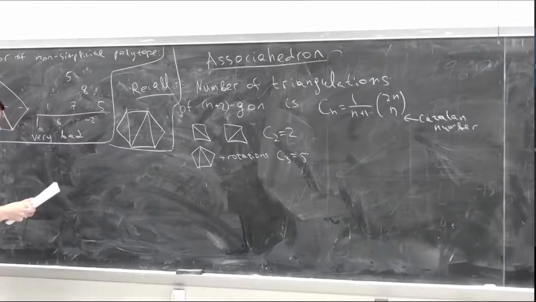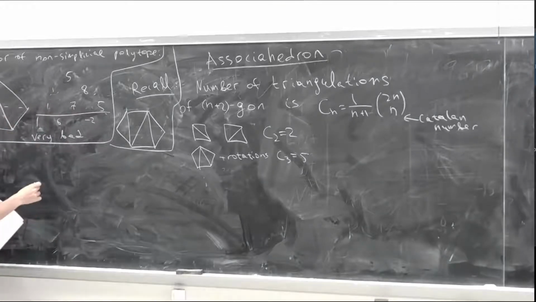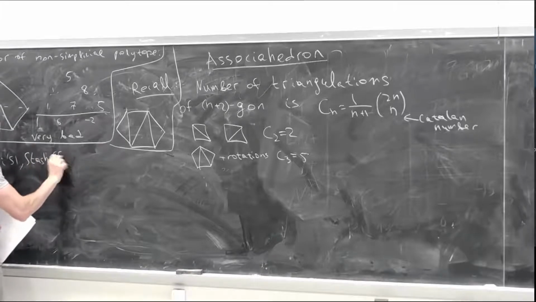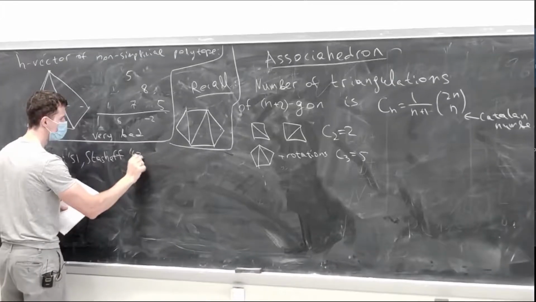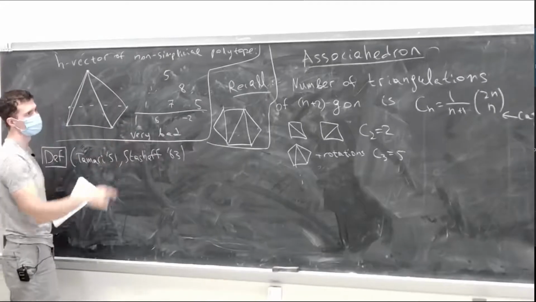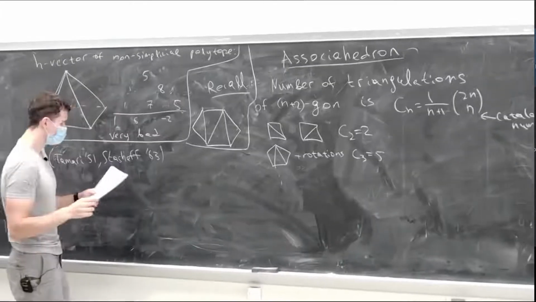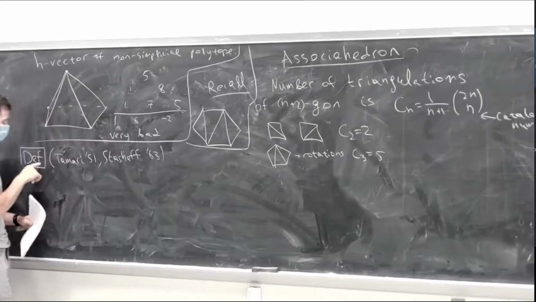And so here is a definition originally due to Tamari in 51, later Stasheff in 63. So the associahedron is called the Stasheff polytope, even though Tamari was the first. And here's what I'm going to do, a slightly weird thing.